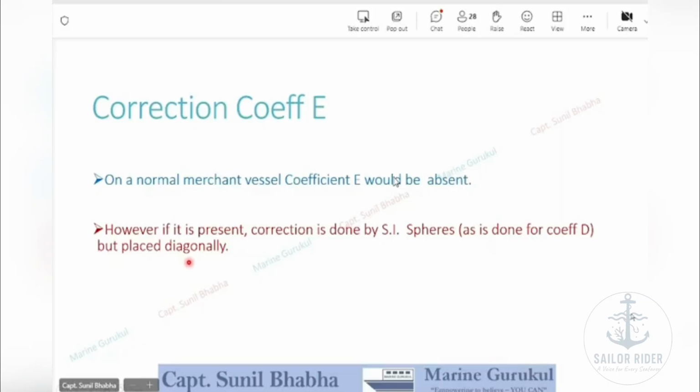If you remember, we did the same thing in coefficient delta also. The beam in that case was lying in the athwartship orientation, so the soft iron correctors were also placed in the athwartship direction. In case of coefficient epsilon, the structure is at a 45-degree angle, so that's why the correctors are also placed at a 45-degree angle to the fore and aft line.